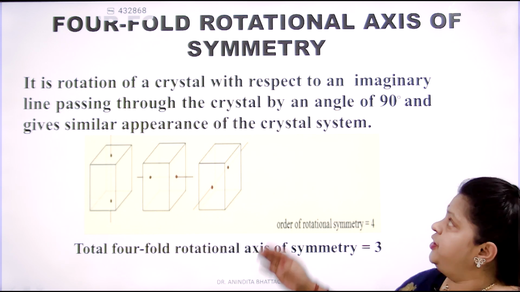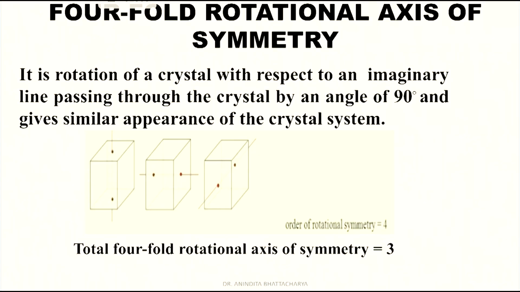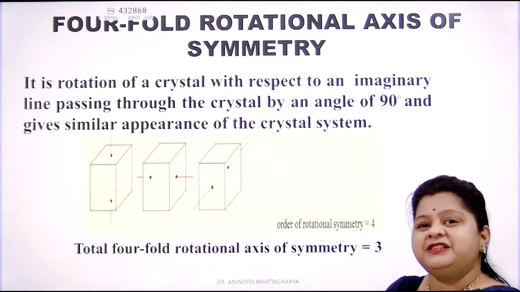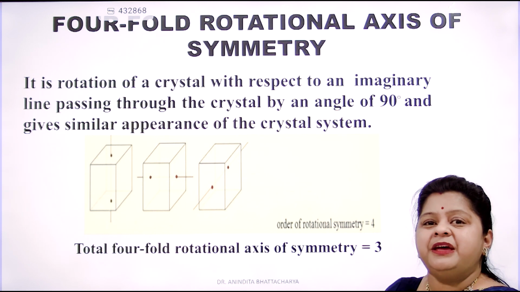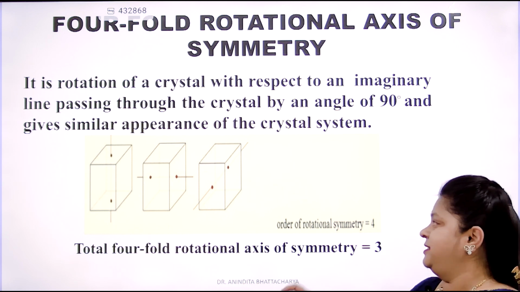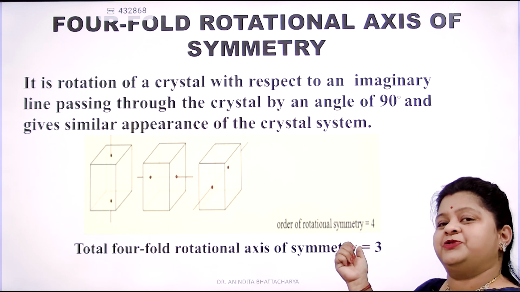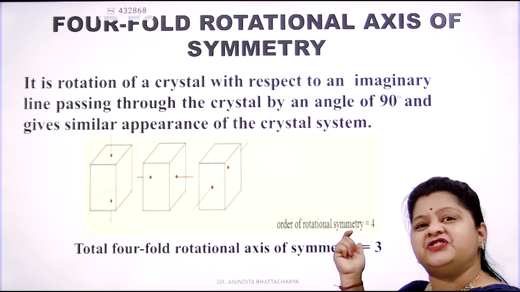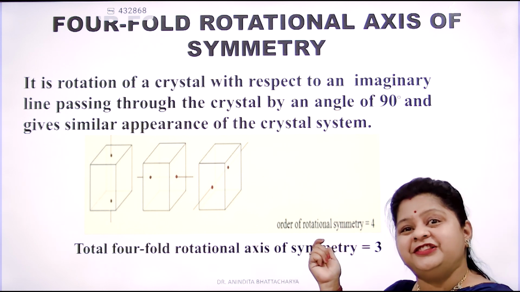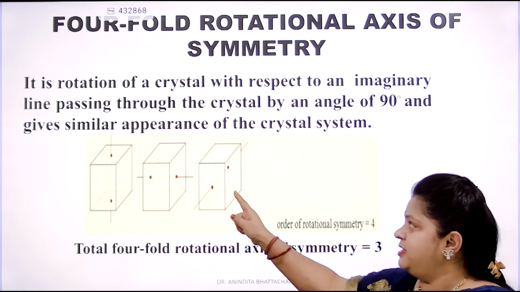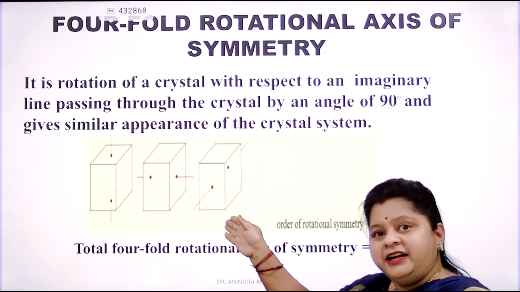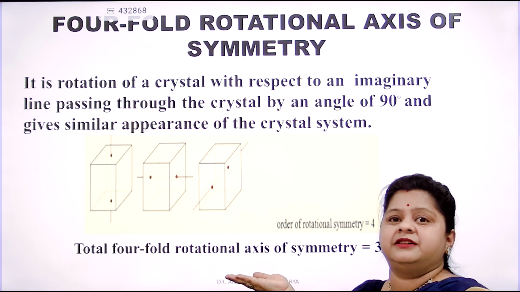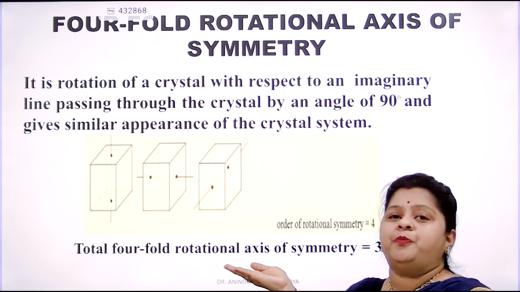Now, if we move on to the 4-fold, the angle becomes 90 degrees. When the angle becomes 90 degrees, how many turns will it make? It will make 4 turns. So, the order becomes 4. But how many axes? There are 3. Because what we are doing, we are taking it from the midpoint of the opposite sides to the midpoint of the opposite sides.